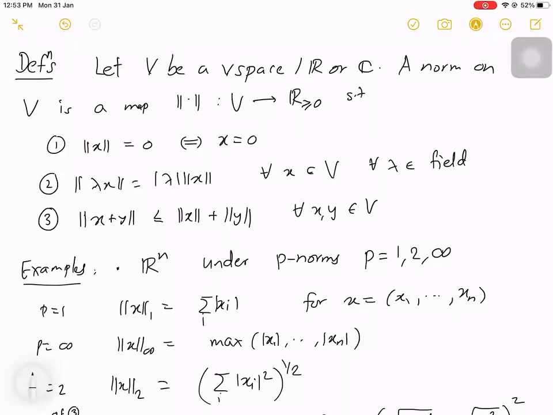The norm of x minus y is also less than or equal to the norm of x plus norm of y, because norm of minus y is the same as norm of y. So if I look at the left hand side and call it x minus y, then x can be u minus v, and y can be v minus w.